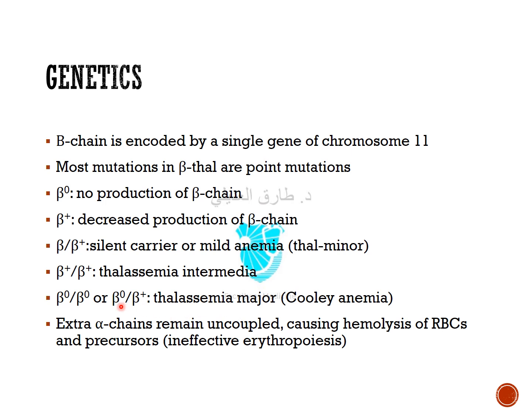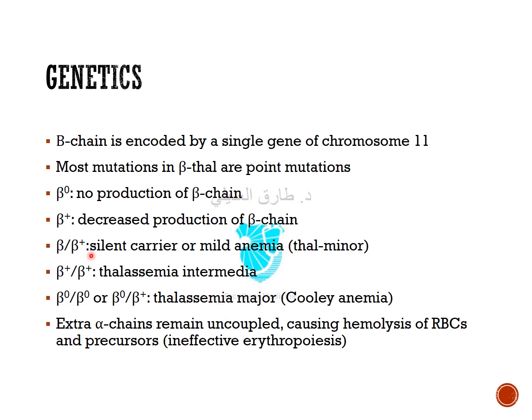In thalassemia major, there is either completely absent beta or a very small amount. Remember, we have more than 100 mutations, so there is a map. For every patient, we do a DNA study and we can see in which category he or she falls.